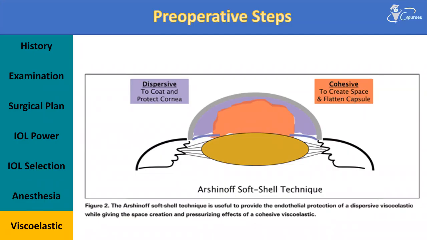So we inject the dispersive viscoelastic to coat and protect the corneal endothelium, and we also inject cohesive viscoelastic to create a space in the anterior chamber, cause deepening of the anterior chamber, and flatten the anterior capsule, so that it will decrease the intralenticular pressure, making the capsulorhexis safer.